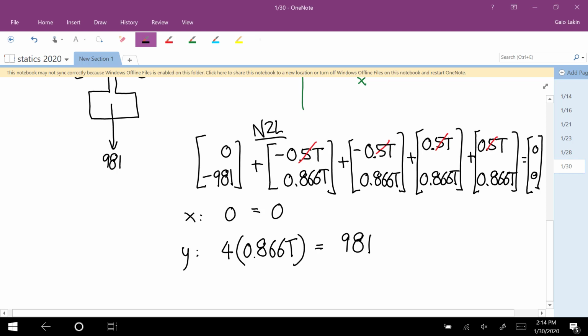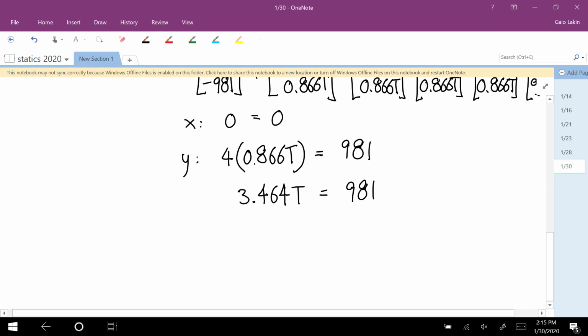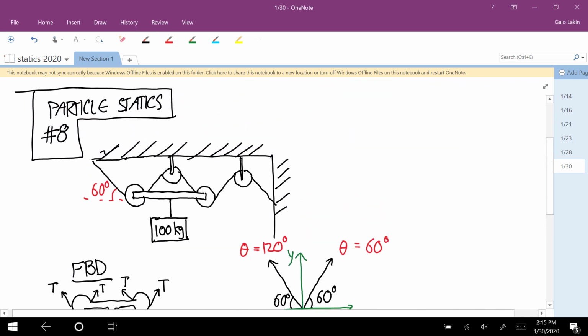And that is 3.464 T equal to 981. And so T is equal to 981 divided by 3.464, which is 254.33 newtons.